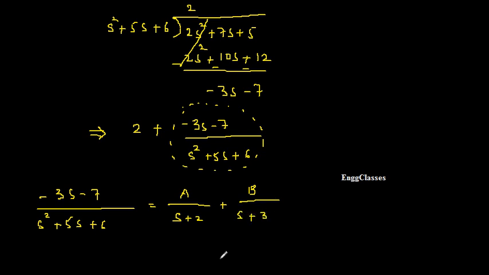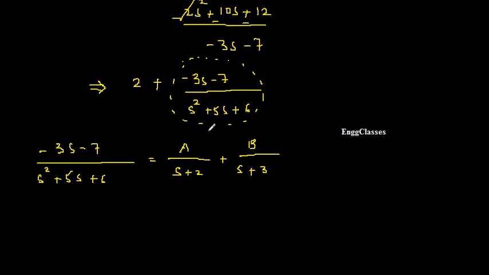Is that correct? So now I'll compare the numerators, because if I take the LCM, the denominators are going to get cancelled, and I'm going to get A into (s plus 3) plus B into (s plus 2) equal to minus 3s minus 7, and I can write this expression.